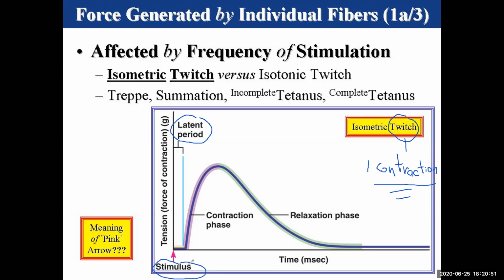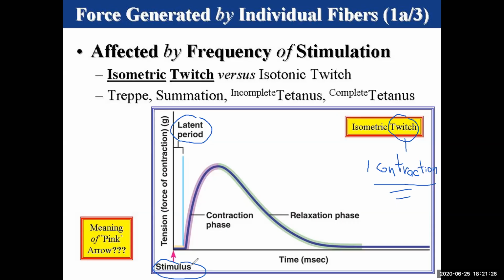So as you can see, if you apply a stimulus, here it means you are applying a depolarization signal. And remember from the previous lecture, this is excitation-contraction coupling. It takes time for that action potential to be formed, because when you apply that depolarization, that's the equivalent of the end plate potential.